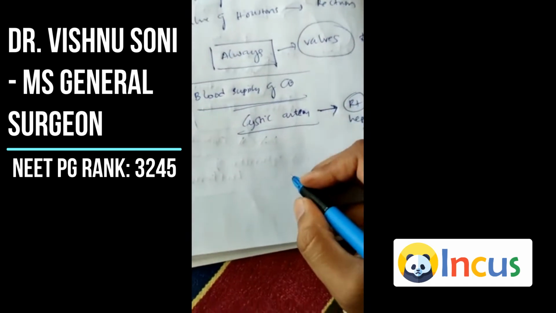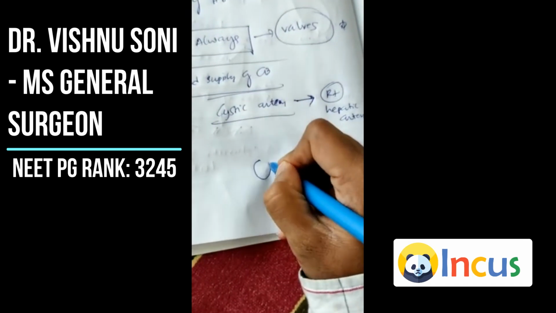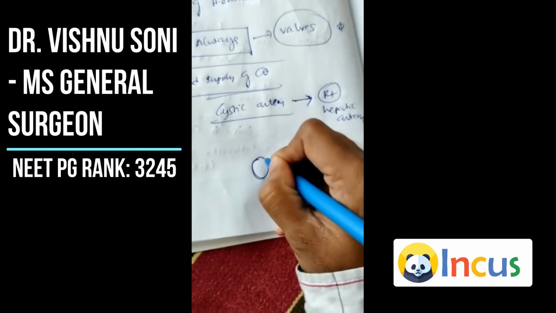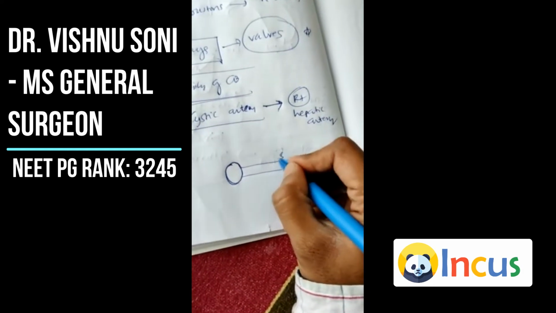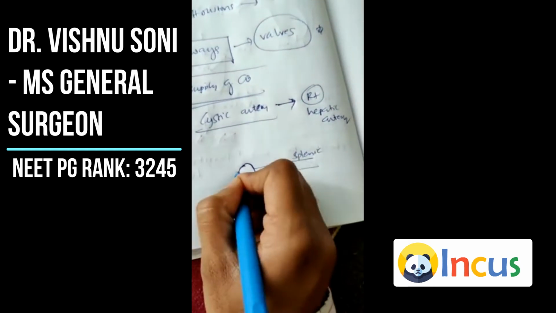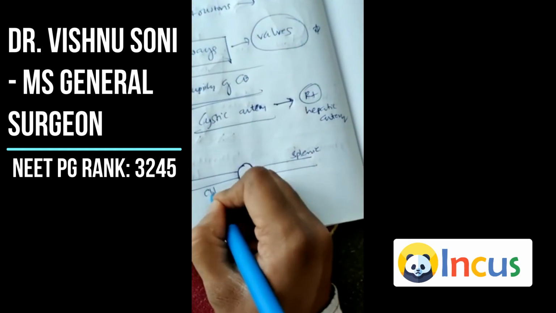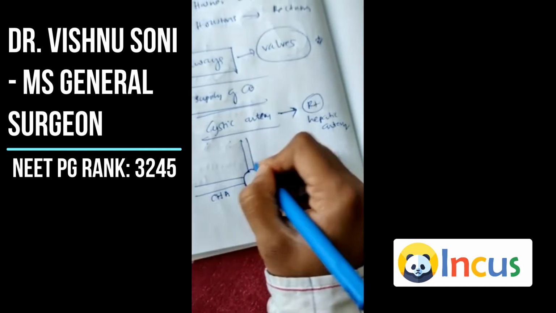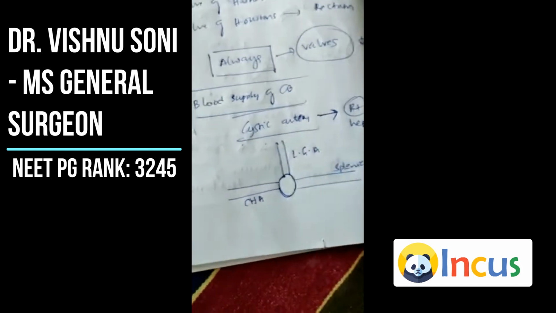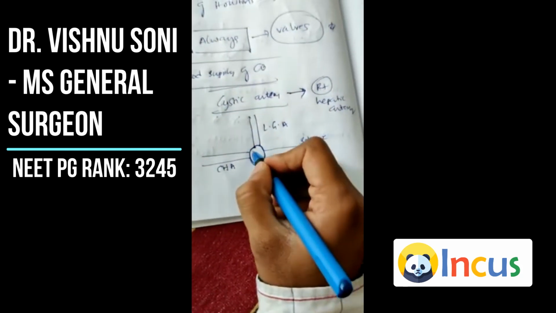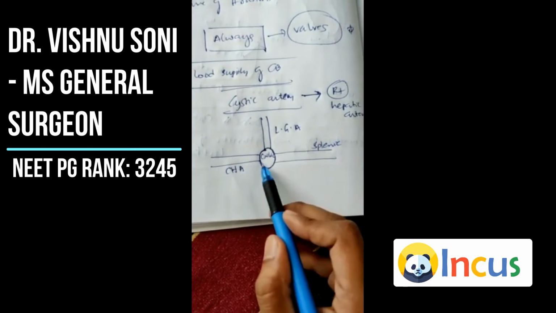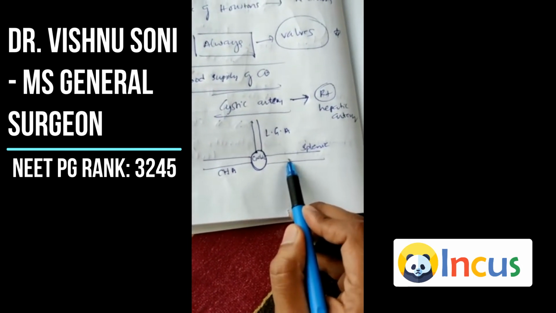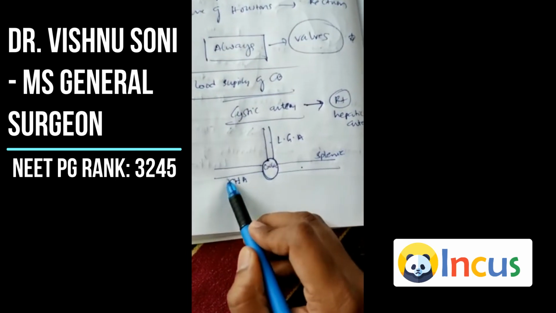I will draw you a simple diagram so that you will remember. This is the celiac trunk. There are three branches of the celiac trunk: splenic artery, common hepatic artery, and left gastric artery.